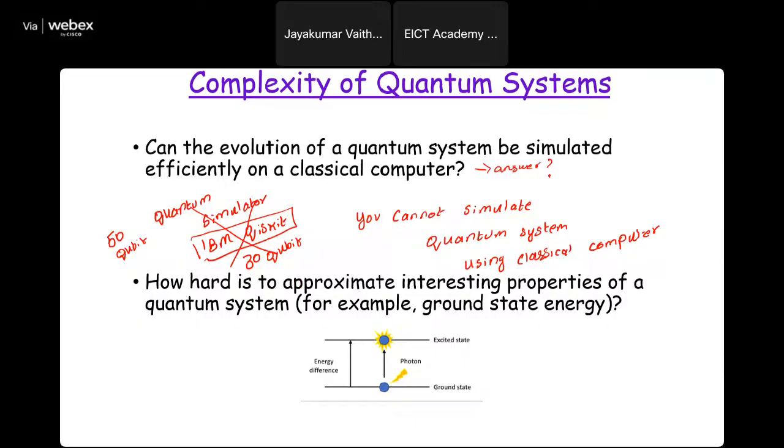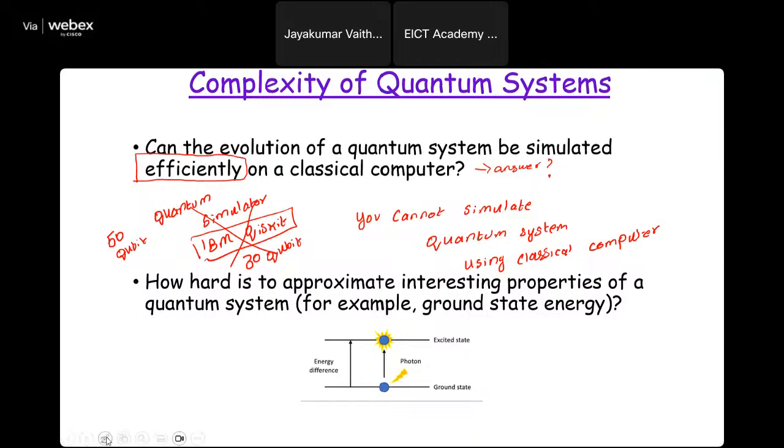Because each and every qubit involves randomness, permutation, combination, an infinite amount of combinations. You cannot simulate using your classical computer. This is the important word: you cannot do efficient simulation. Even though you are able to do simulation, it is not an efficient way because you have limitation.